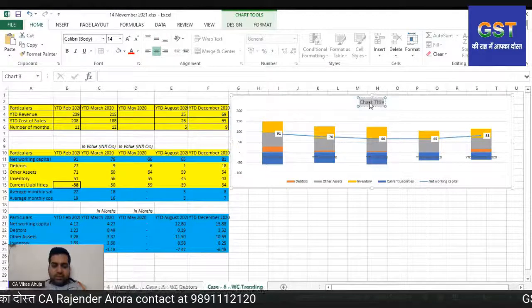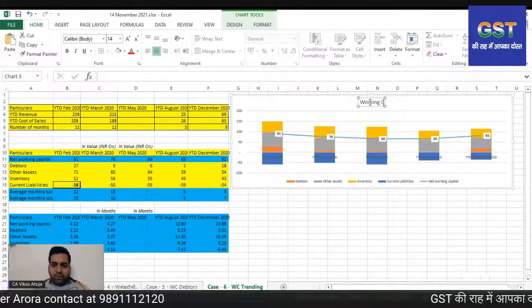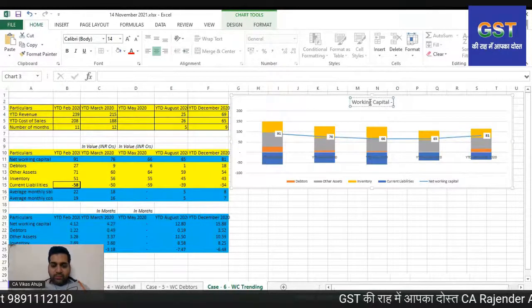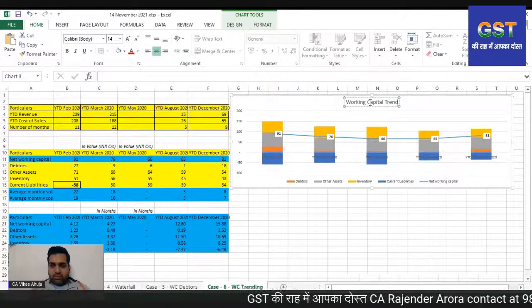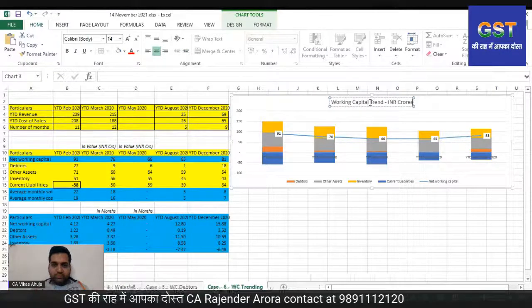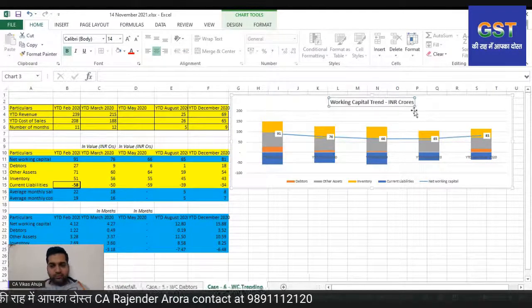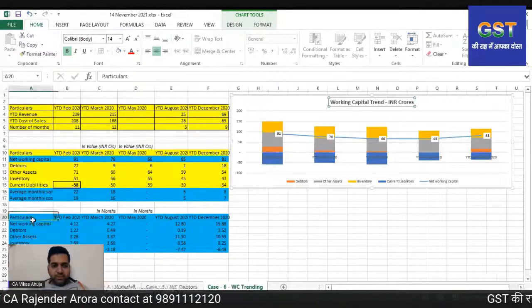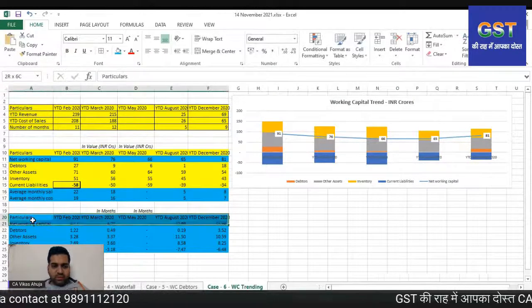So this is the working capital trend, INR crores. And similarly, let's touch upon the months piece.